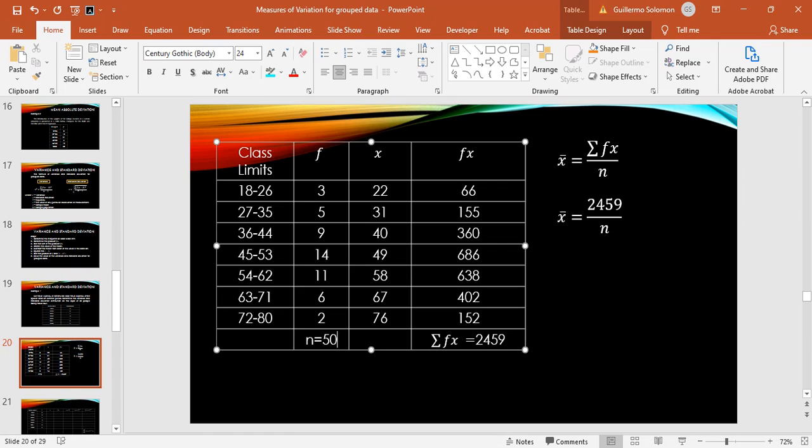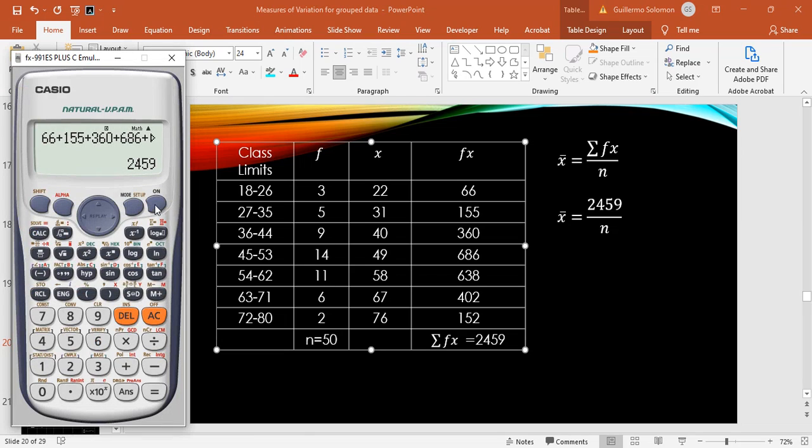Para din ako mag-compute. If walang naka-indicate sa problem na number of samples, you may also compute. Or also, you can double check din, baka hindi pares yung sa frequency mo tsaka yung nasa problem. Okay? So, compute natin to double check. 3 plus 5 plus 9 plus 14 plus 11 plus 6 plus 2, that is 50.